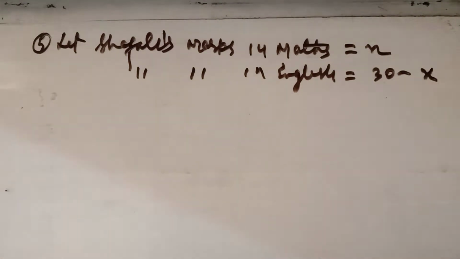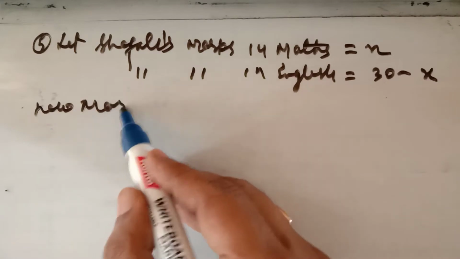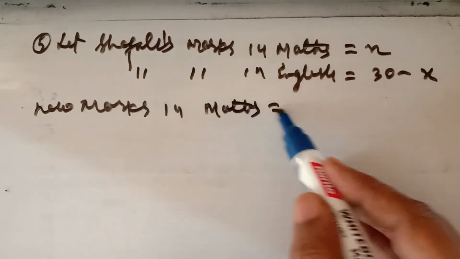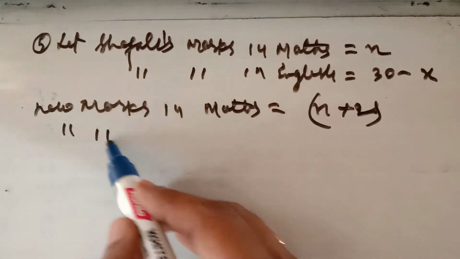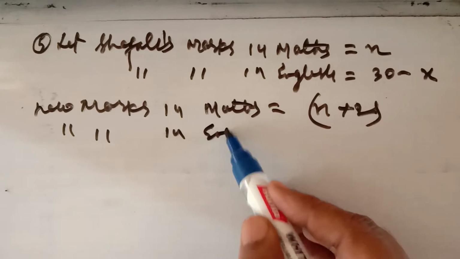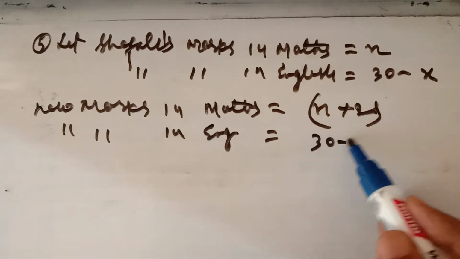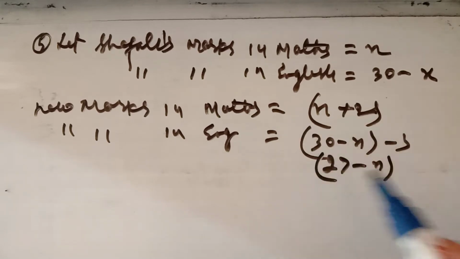Now it is given that had she got 2 more marks in maths, the new marks in maths will be x plus 2. For English, if she got 3 less marks, the new marks will be 27 minus x.